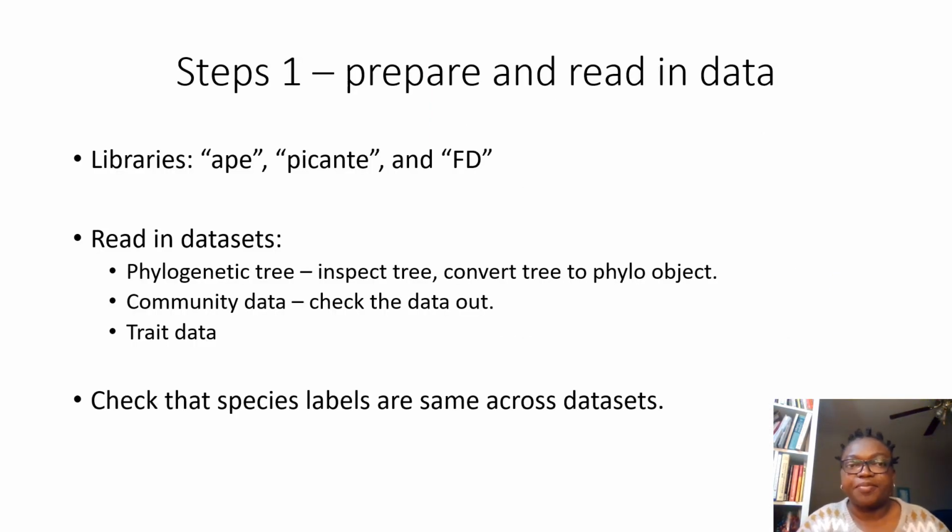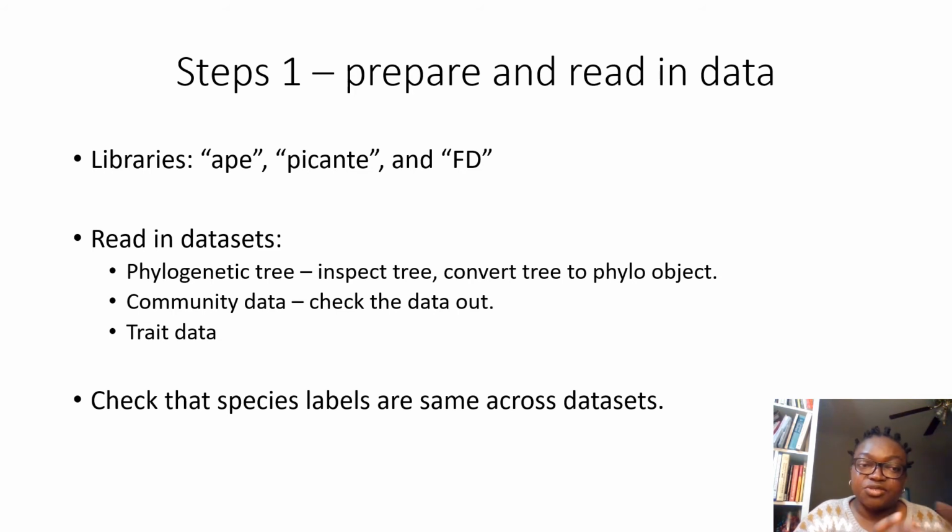So the first step we're going to take here will be to prepare the data, read it in, and check that things are as they should be. We're going to be using the libraries ape, Picante, and FD.